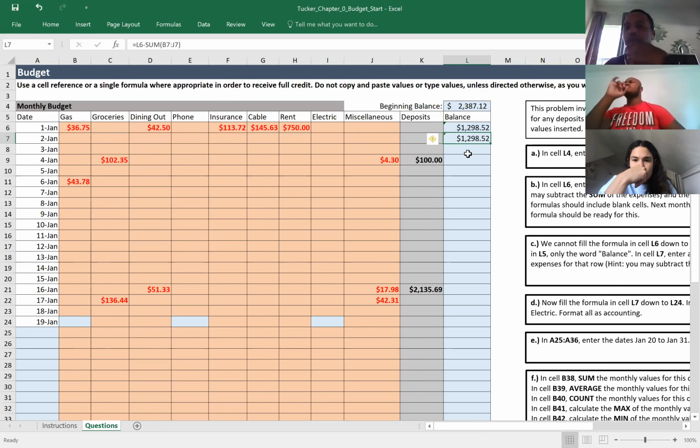Now in D, they're telling us to fill in the values. Matter of fact, let me take a picture of that, and then I'll have to scroll back.